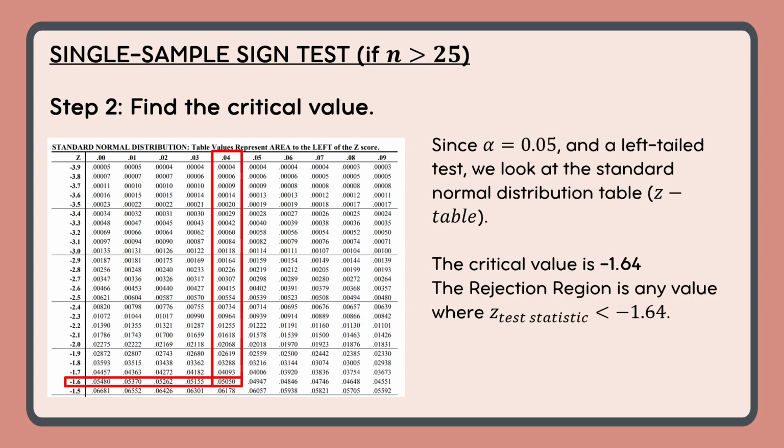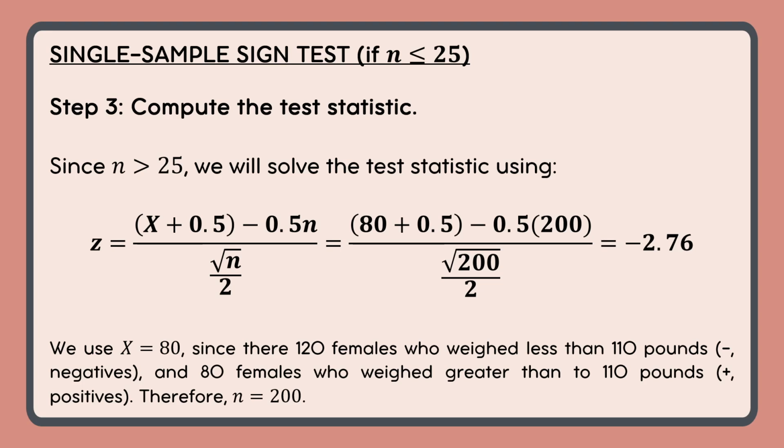Based from the standard normal distribution table, the alpha of 0.05 is equal to the z-score of negative 1.64. This means that our critical value is negative 1.64. The rejection region is any value where the test statistic is below or less than negative 1.64.